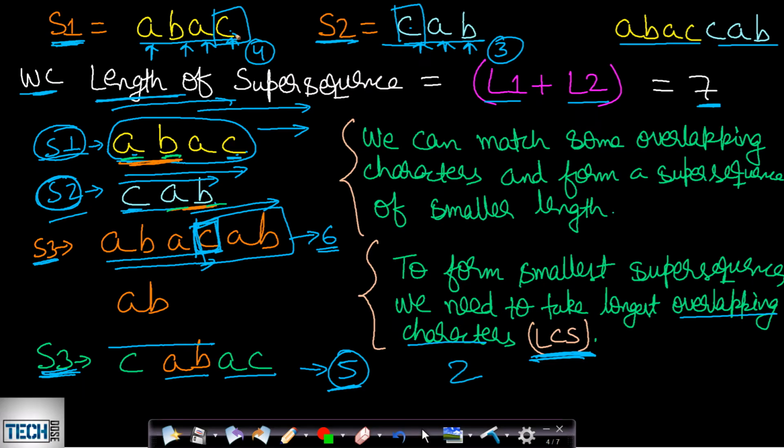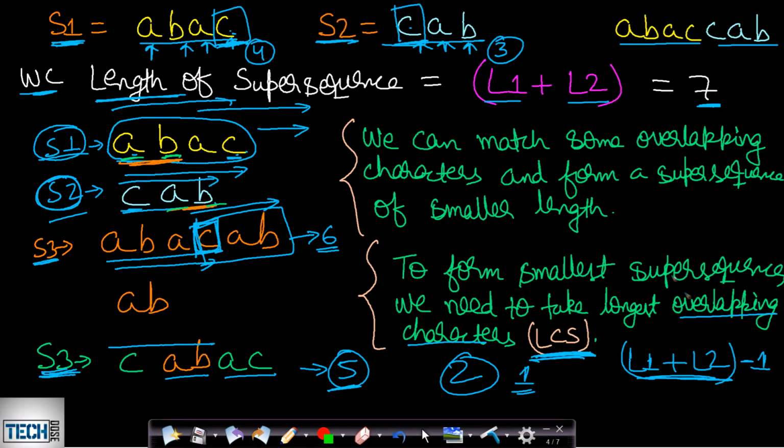But if you are considering the common characters, then this will occur only 1 time. Okay, so in the worst case, your supersequence length will be L1 plus L2, and let's say the number of common characters is only 1. Then obviously from the worst case you will have to subtract 1, because this one character is occurring once in the shortest supersequence, but it could have occurred 2 times in the worst case supersequence.